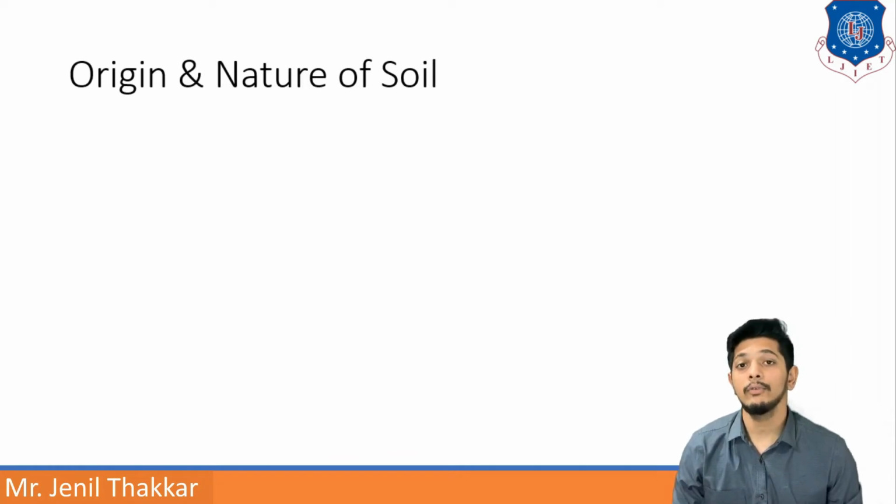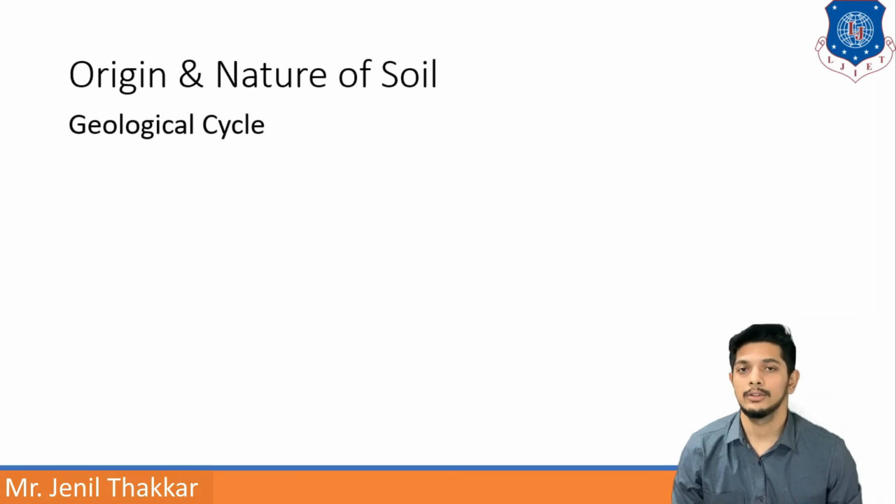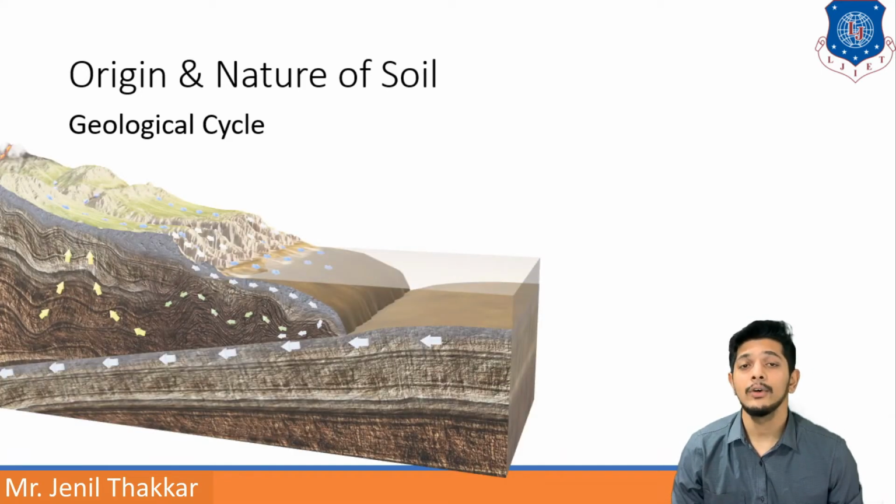origin and nature of soil. Here we will understand the geological cycle. Soil is formed by the geological cycle. It consists of 4 stages. Stage 1 is called erosion. In this first stage, soil gets eroded from hilly regions, slopy regions.